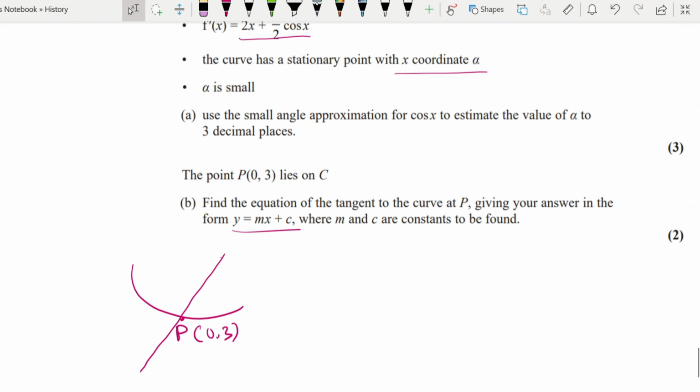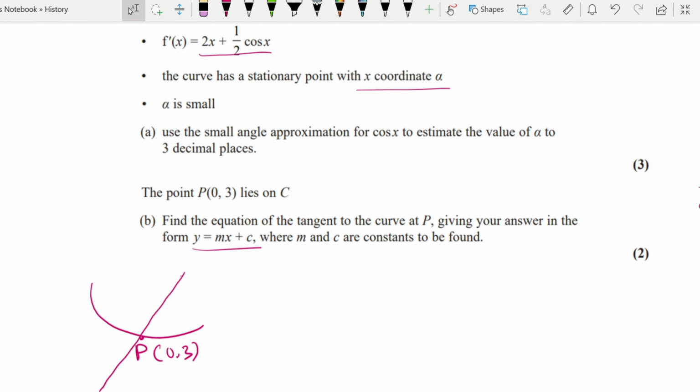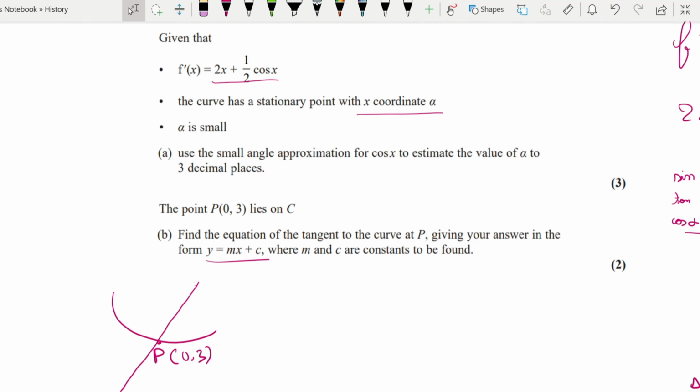To get our slope, we know that in any normal function, if you differentiate it, that's going to be your slope. That's something you have to remember. I don't know if it's going to be in the formula sheet or not, so it's better to just remember that. So we know that our slope, which is m, is going to be f derivative x.